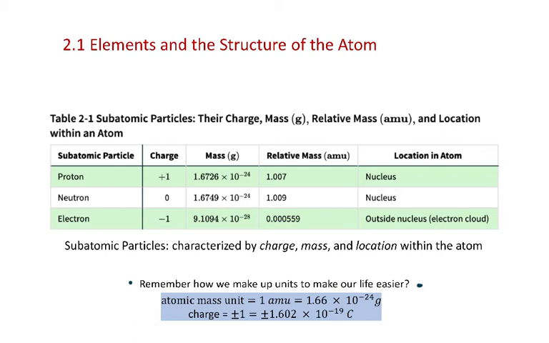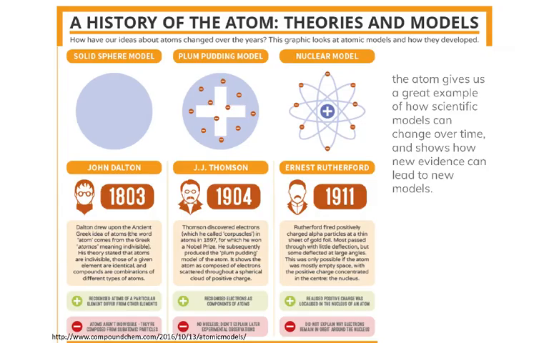So I want to take a brief moment to talk about the history of the atom and also use this as an opportunity to talk about scientific theories, or models, right? Our ideas about the atom have definitely changed over the years.